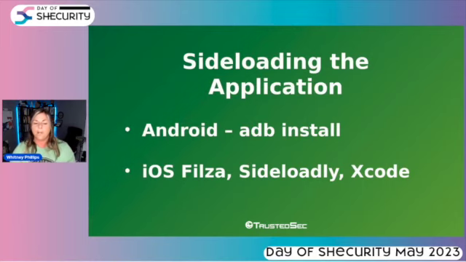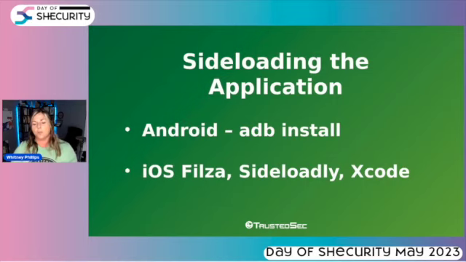iOS is a little bit trickier. You need Filza or Sideloadly, and that helps you bypass the Apple restrictions on your device, so that your application gets loaded without it yelling and screaming about certificates.